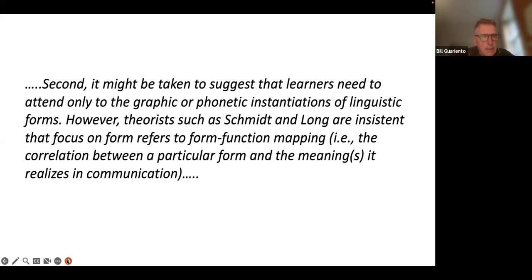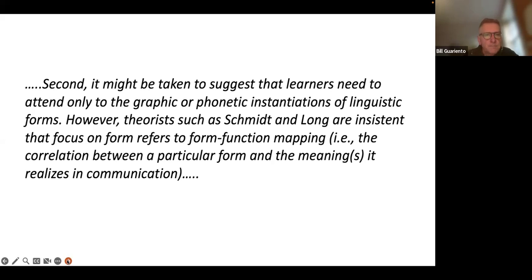Let's start again. Second, form might be taken to suggest that learners need to pay attention only to the graphic, that's the written, or the phonetic instantiations of linguistic forms. Instantiations means production.